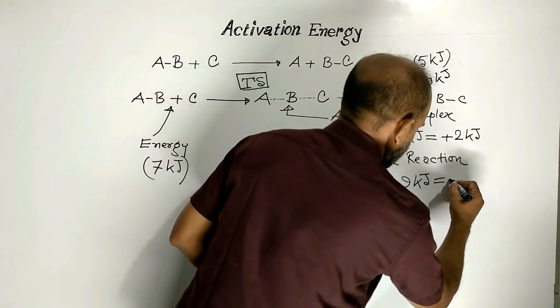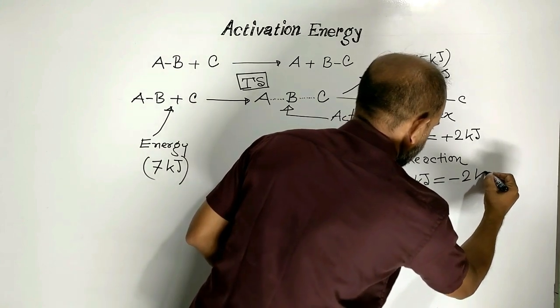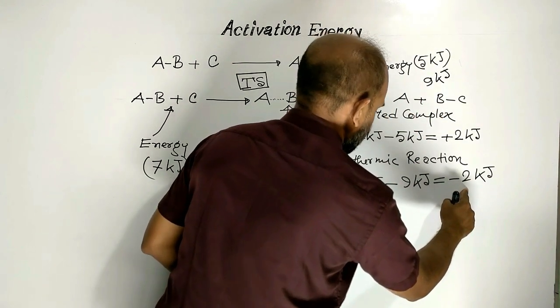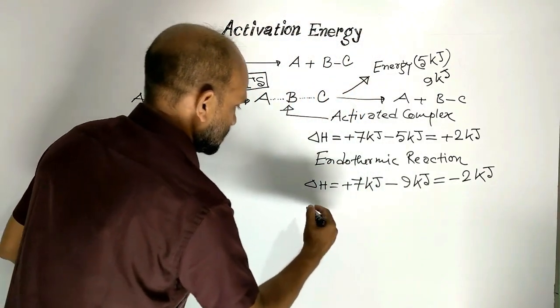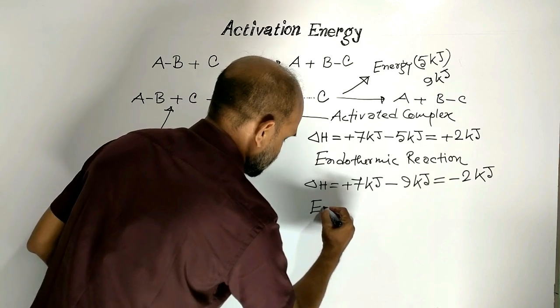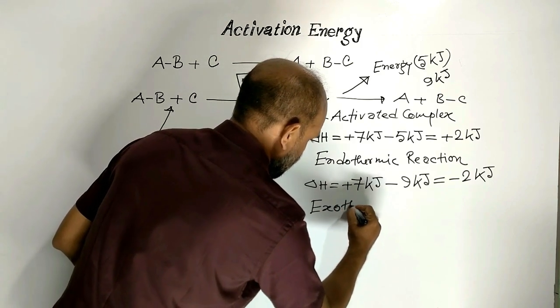Then ultimately the reaction releases 2 kilojoule heat. Considering this point, in this case the reaction will be called exothermic reaction.